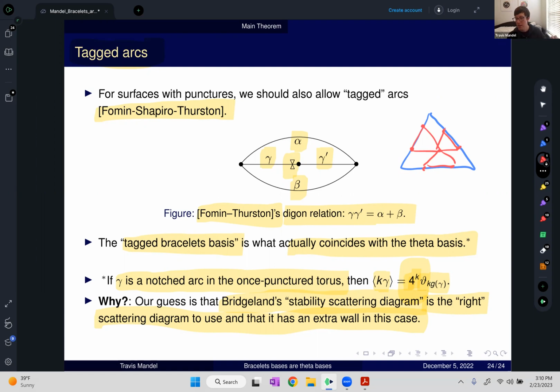They think of it as traces of holonomies and use that approach, but that's the same as the bracelets approach. Their basis is exactly the same as the bracelets one, because they're both considering the trace of the holonomy.